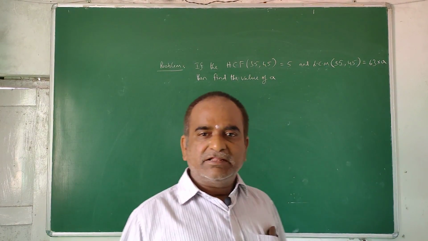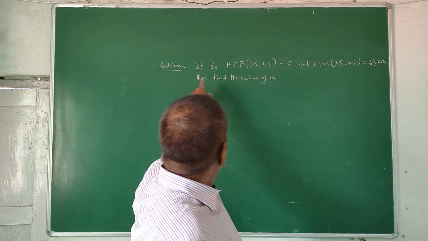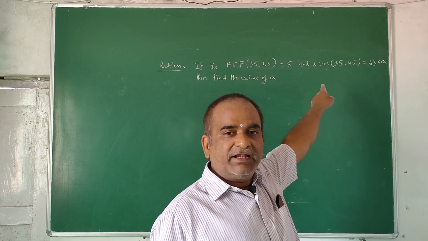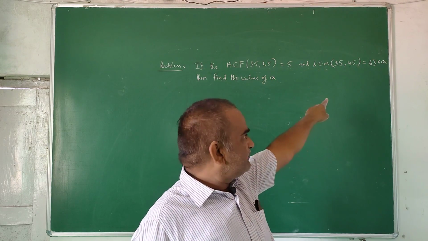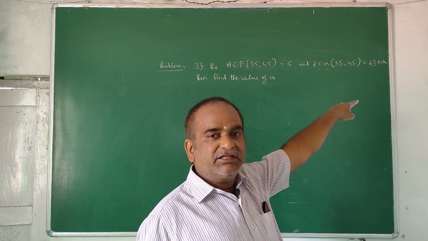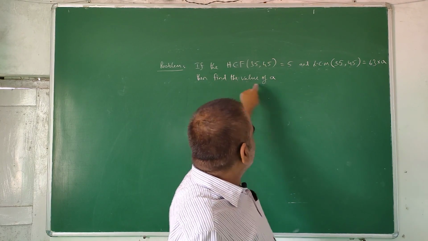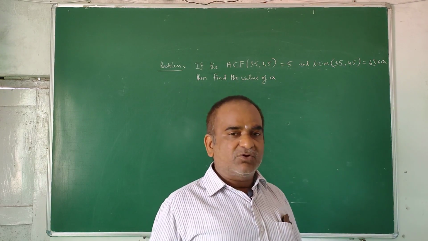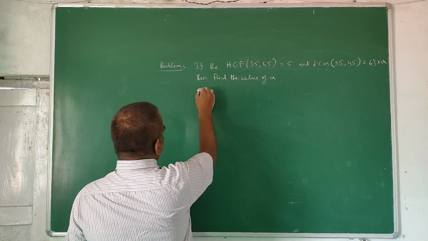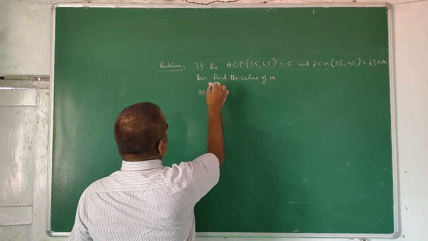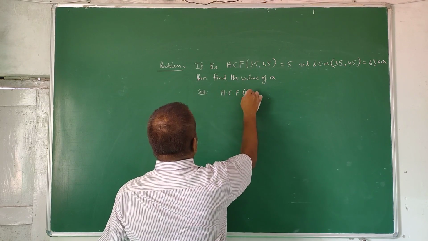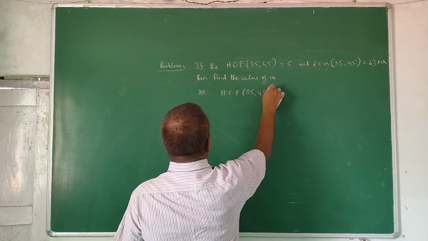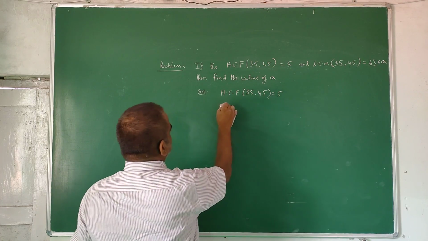So dear students, the next problem is: if the HCF of 35 and 45 is 5 and LCM of 35 and 45 is equal to 63 into A, then find the value of A. This is the question. So let us take the solution. HCF of 35 and 45 equal to 5.